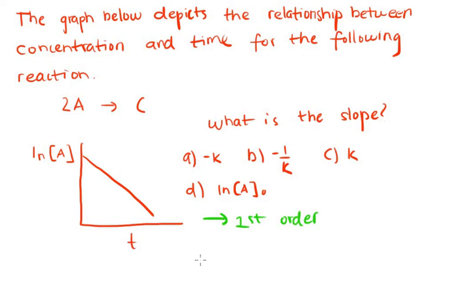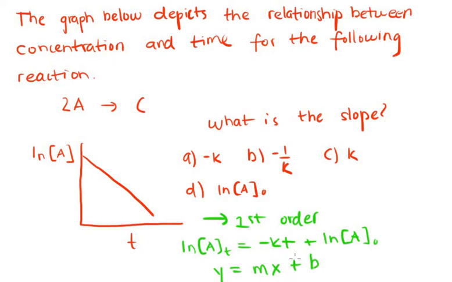And this is something you should memorize. So this is actually like y equals mx plus b, where t is x, b is ln of the concentration of A naught, or at 0, and this is at t.